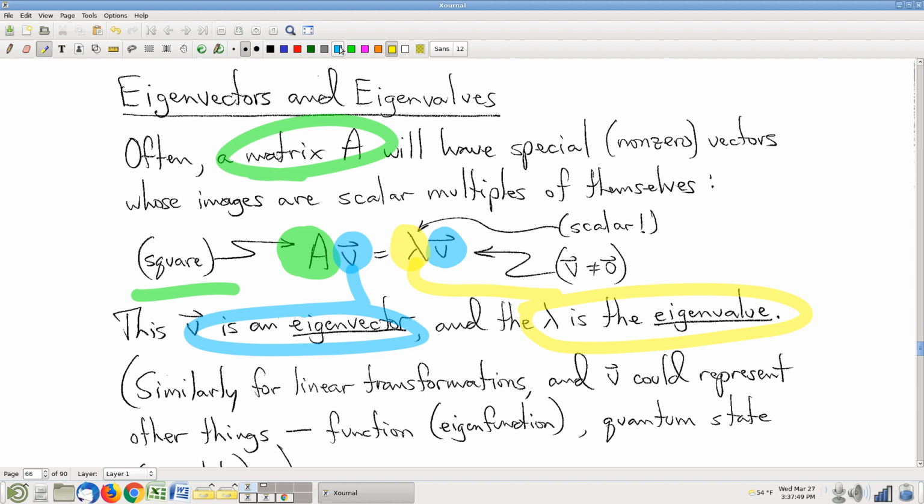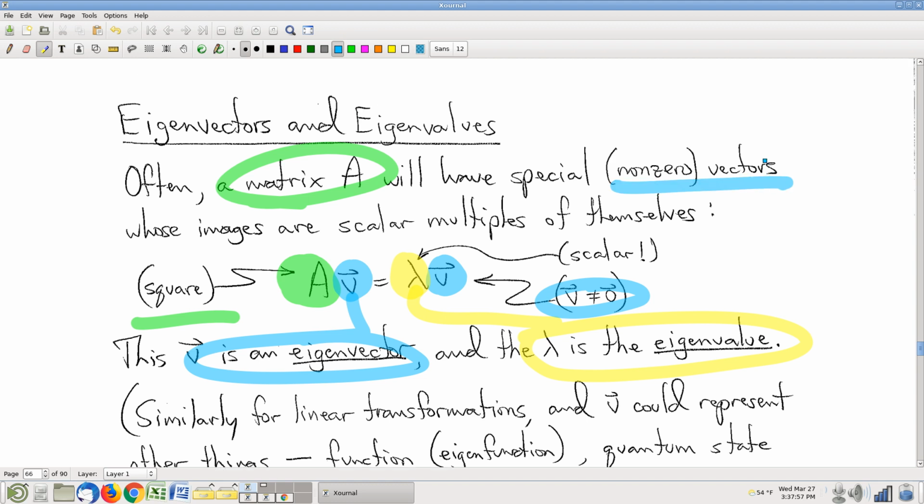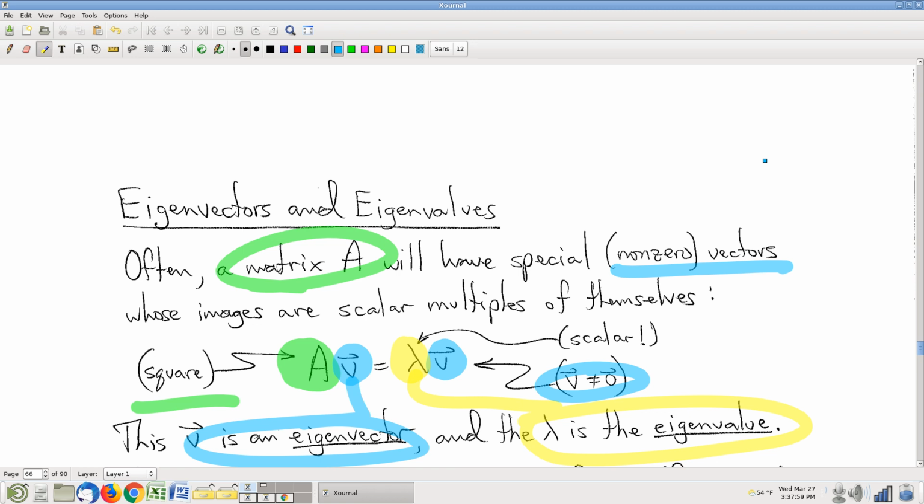Okay, a couple of little details. One is that eigenvectors do have to be non-zero. The reason for this is that the question just becomes kind of silly if you think about it. Any matrix times the zero vector will give you 0, which is always a constant times the zero vector.